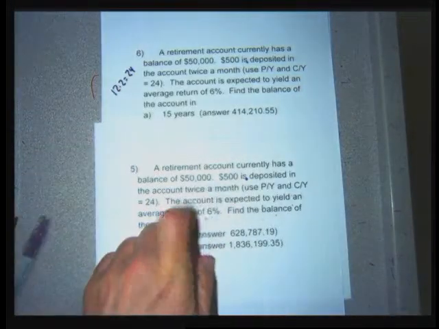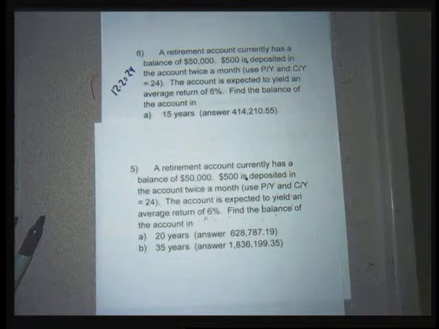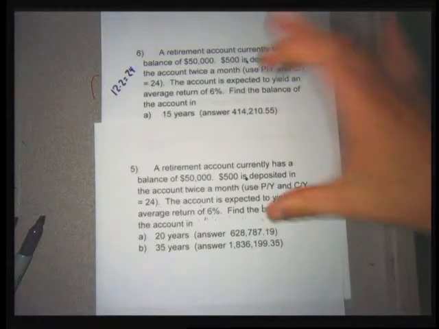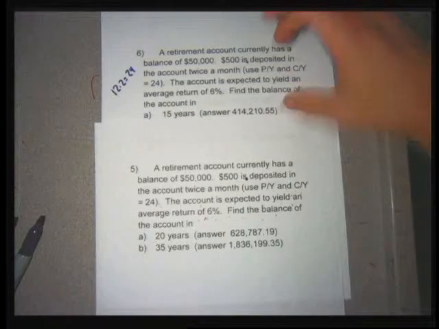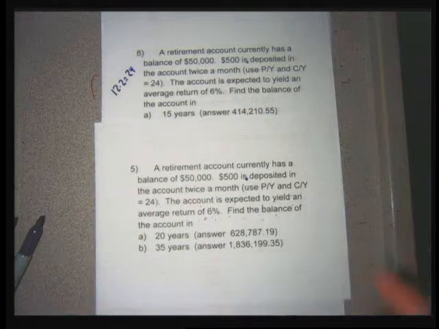Whereas in the last computation, I did every 2 weeks, I did 52 divided by 2 to get the 26 paychecks. So twice a month is different than every 2 weeks. But getting back to these problems, there's no difference at all in the wording. Problem 5 and problem 6 are worded exactly the same.